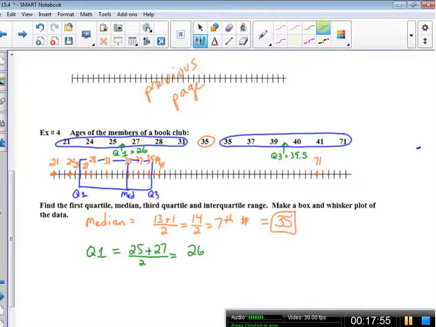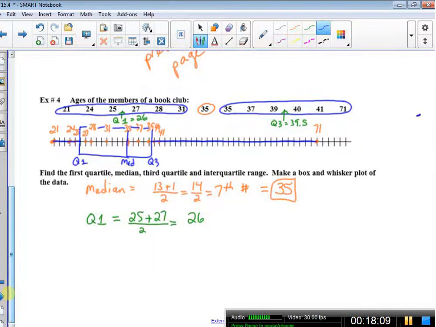So there's quartile 3. And then if you just extend out, the inner quartile range between quartile 1 and quartile 3 tells you where most of the data is centered. Quartile 3 was equal to 39 plus 40 divided by 2, which was 39.5.